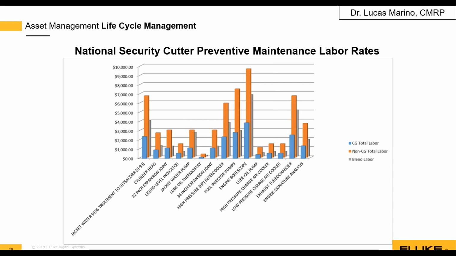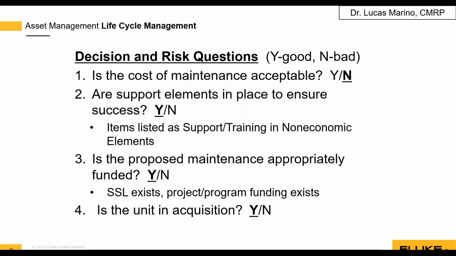If you look at each of these individual tasks, you'll see 3 bars, one for Coast Guard, one non-Coast Guard, and one blended team bar for each task. And I can visually depict what the delta is between those resources. Some of these jump right off the page at you as, wow, one resource is clearly a much different cost than another, and others are very close to each other and may not require as much scrutiny. This is an awesome decision-making tool.